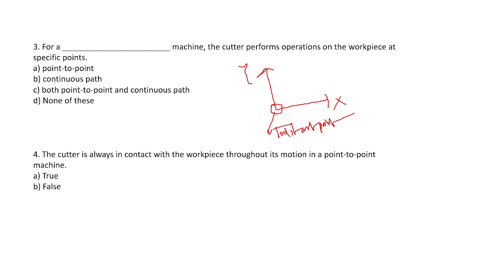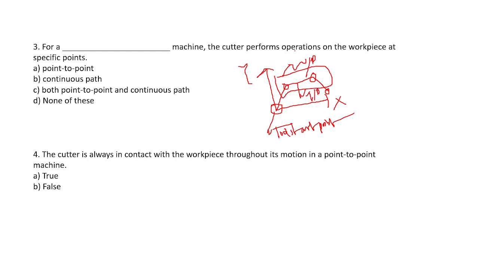So if you draw from here, okay, if you denote those points as P1, P2, P3, P4, and this is the workpiece, and it is a tool path, okay.